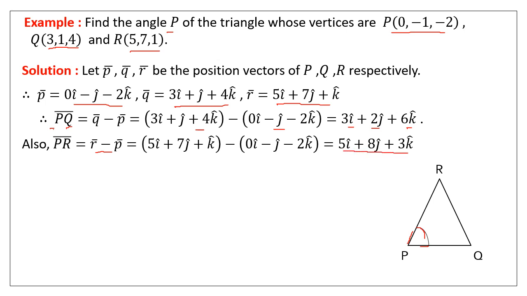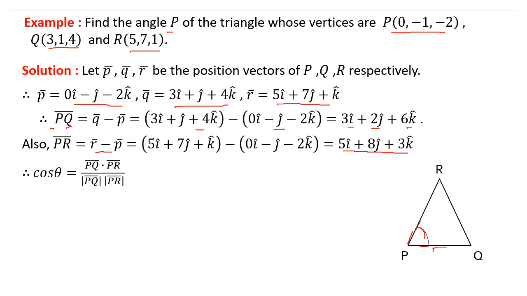Now we have to find the angle between the two vectors. So we know cos theta equals PQ bar dot PR bar upon mod of PQ bar into mod of PR bar, using the definition.